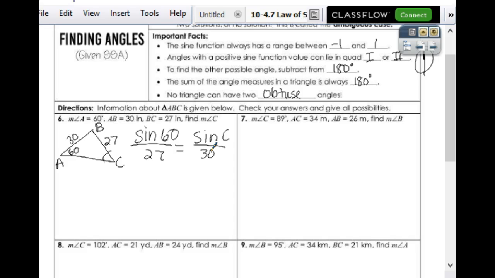So everybody get out your handy-dandy calculator and type with me. Take 30 times the sine of 60. And then divide by 27. Okay.